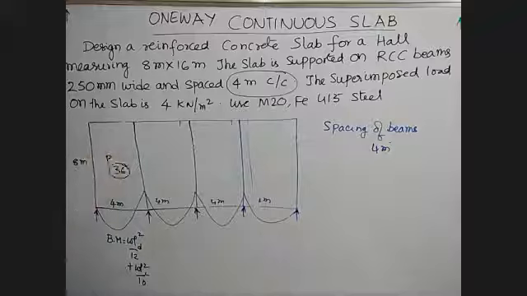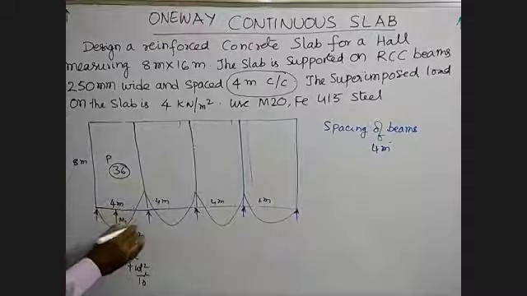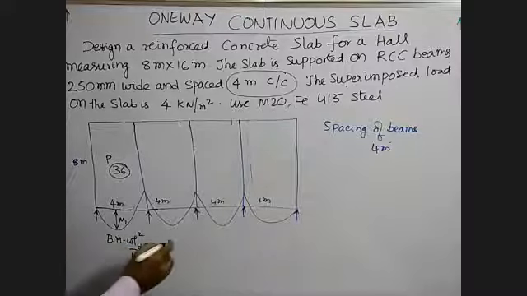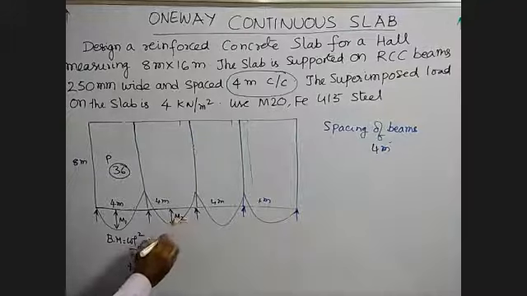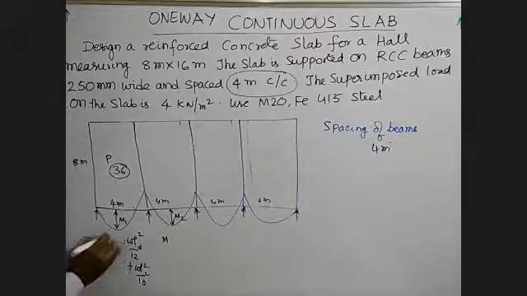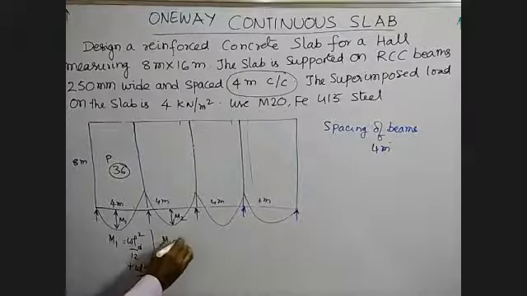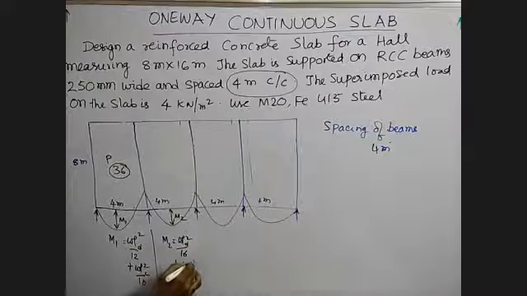Okay. Similarly, the bending moment here, let us say this is M1. Like this, you have the value M2. This is M2. M2 is equal to WL square by 16 for dead load plus WL square by 12 for live load.